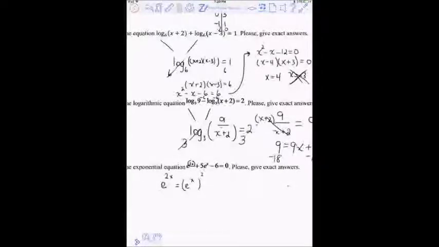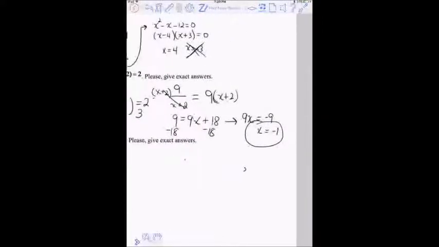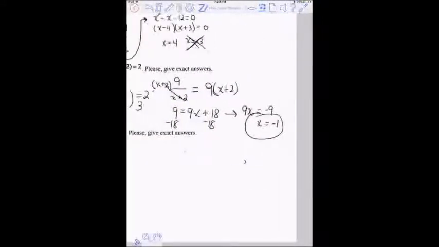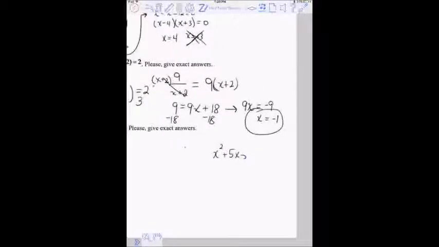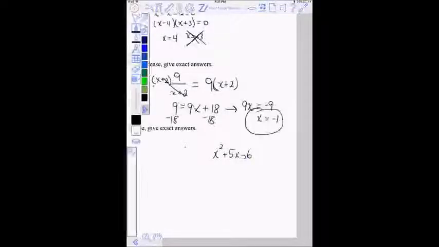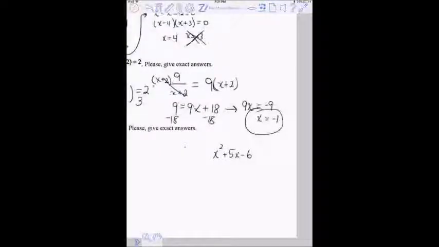So there's a first little hint. Now, on a separate problem, if I were to ask you to solve x squared plus 5x minus 6 equals 0, you would factor it as x plus 6 and x minus 1.